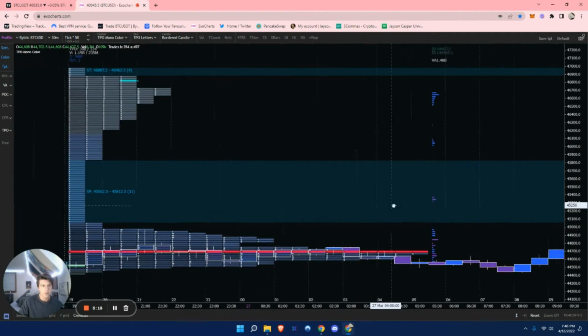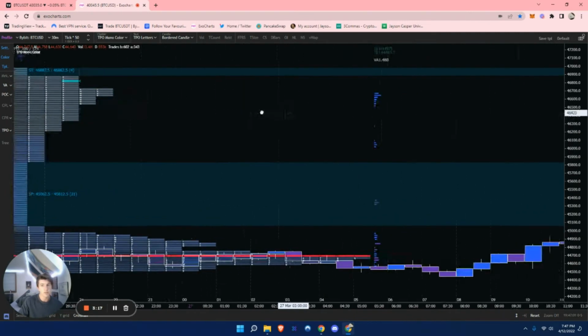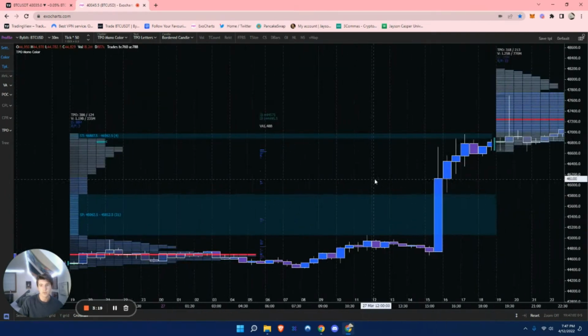Now what happens when a single print happens is that usually price will quickly move above in a range, a quick pump or dump. In this case, it's a quick pump up. As you can see, price didn't really come back and consolidate within this price action. Hence why there is a single row of single prints in this case.